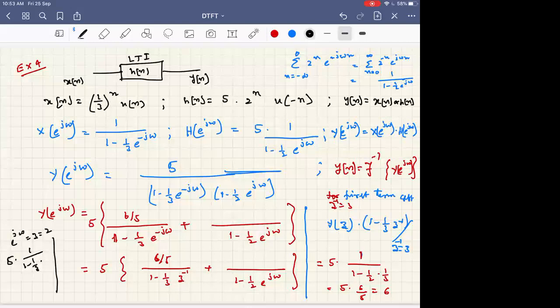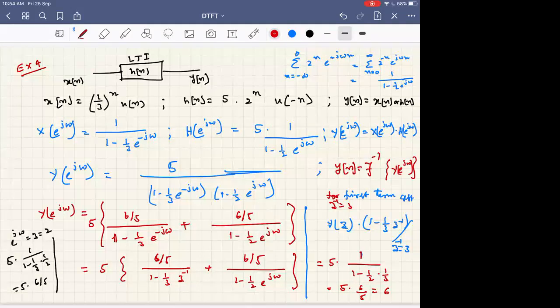So e power minus j omega equal to 1 by 2. Is this correct or not? So it is equal to 5 into, again, 6 by 5 only. Yes, sir, so it is 6 by 5. You people check once.